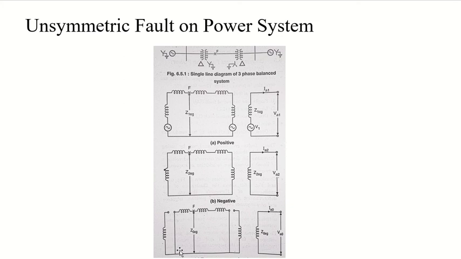So speaking of the positive sequence network, the current throughout the system due to the fault can be added to the load current before the fault to obtain the total positive sequence current during the fault.